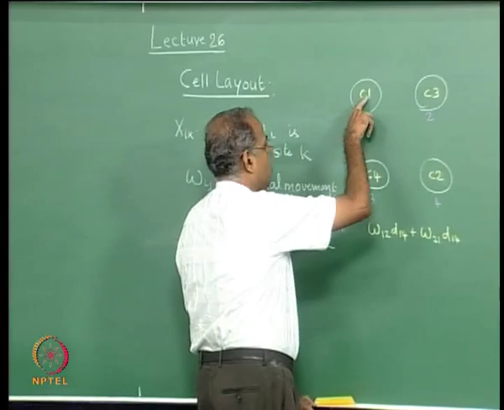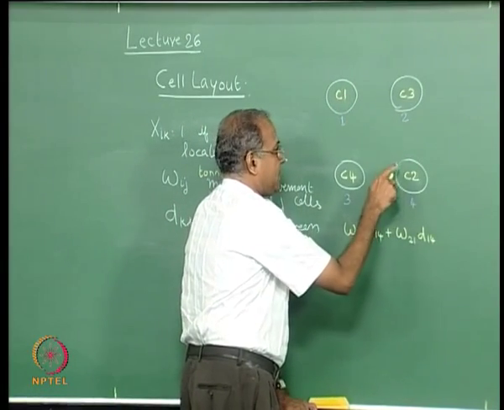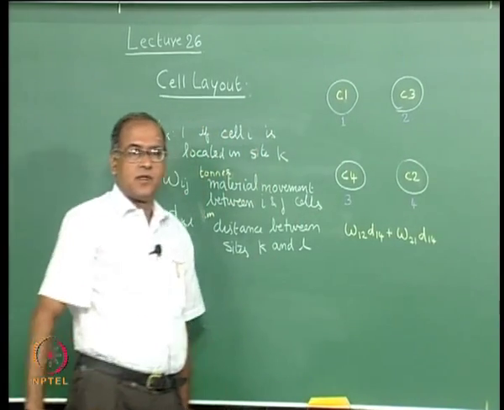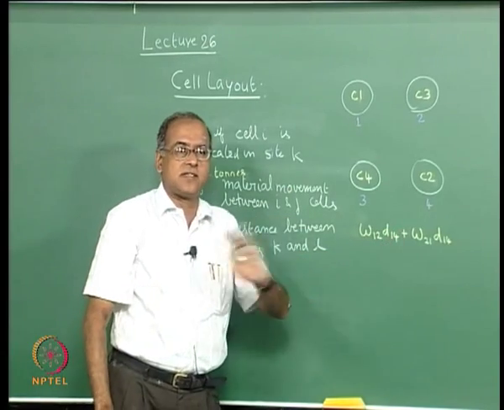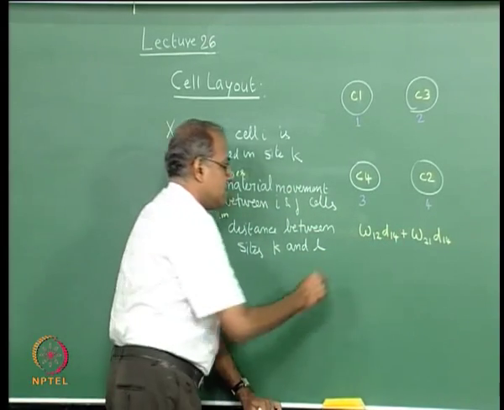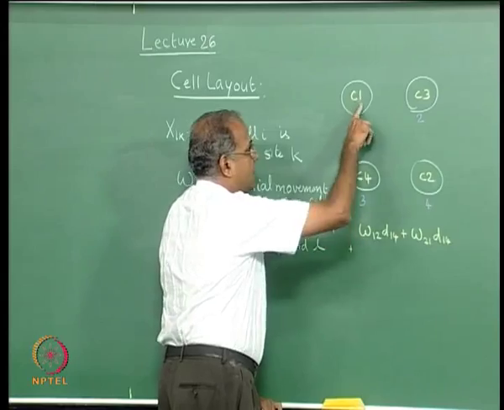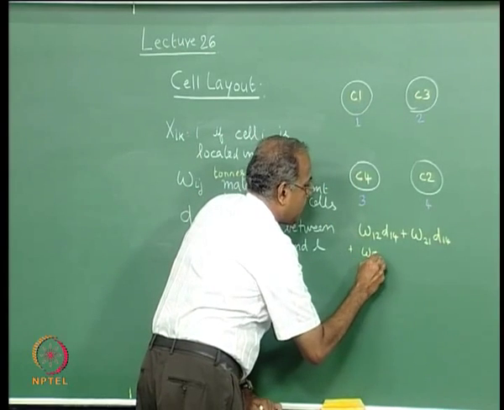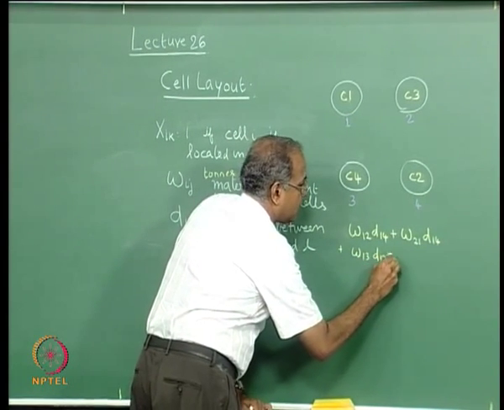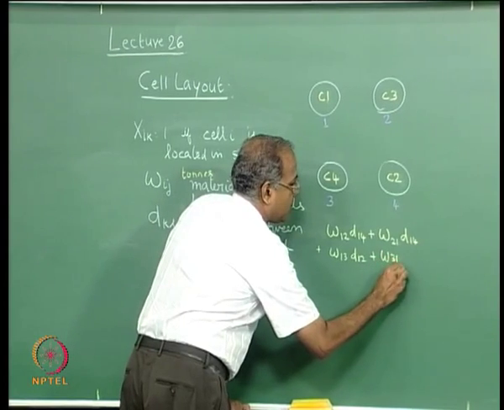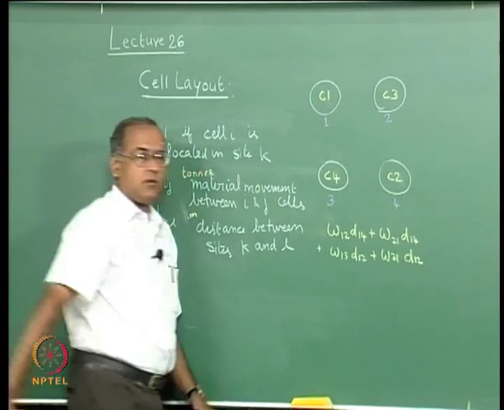Some material can move from this to this, some material can move from this to this. We will assume that the distance is the same. There will be now between 1 and 3, W13 d12 plus W31 d12.